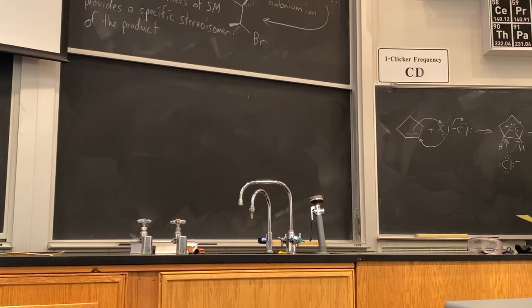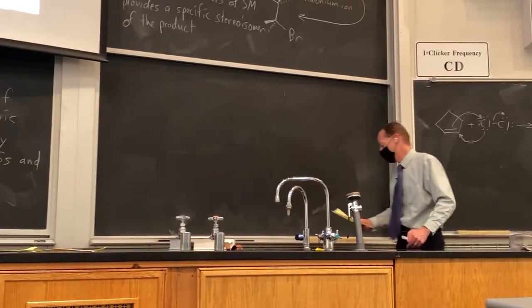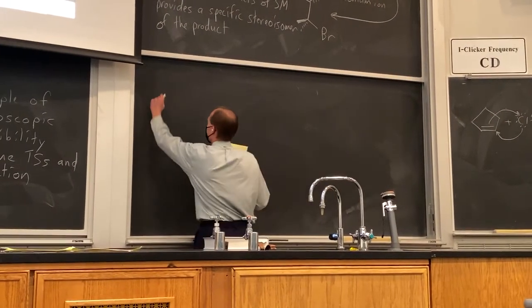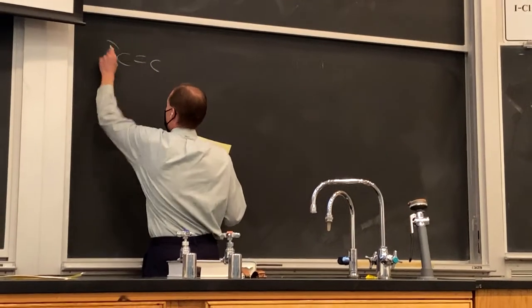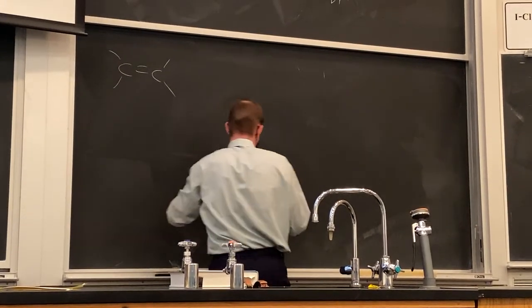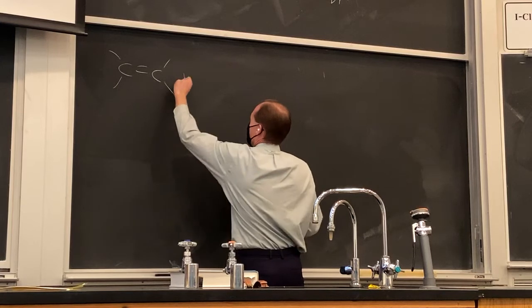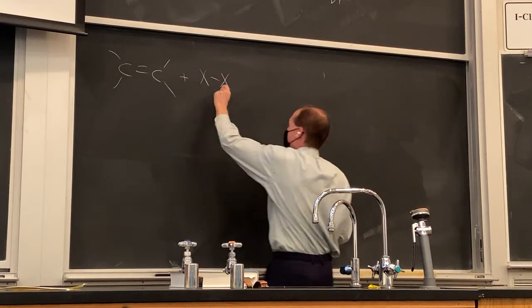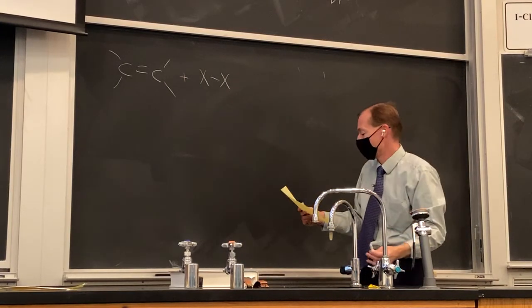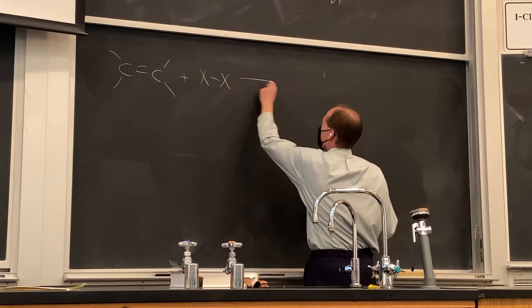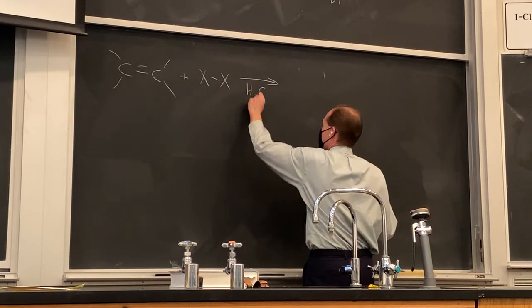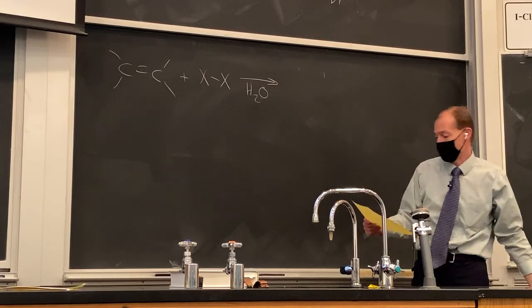Okay, so there's a reaction that's closely related to the halogenation reaction, and that is known as halohydrin formation. We take an alkene, and we're reacting our alkene with a halogen, and again it's going to be bromine or chlorine, but this time we're performing the reaction in the presence of water.